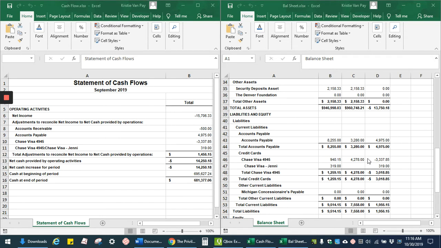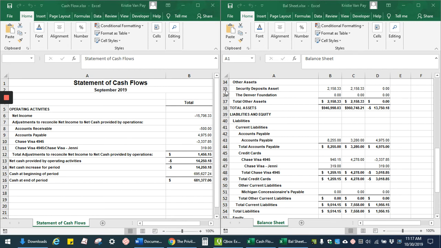Then down here, it's saying that we had a balance on the credit card of $4,242.78, and then we reduced that balance down to $940. So we actually dispersed $3,300 of cash, reducing the cash on hand, which comes over here as a negative number. And then there's another credit card that we incurred $319 of charges on that we haven't paid yet.